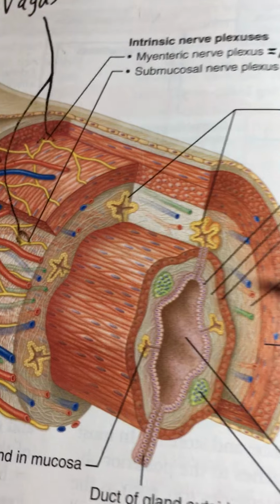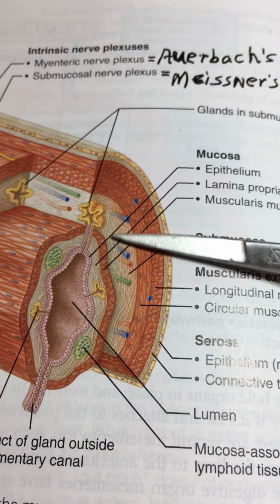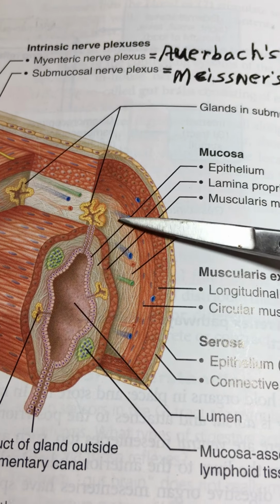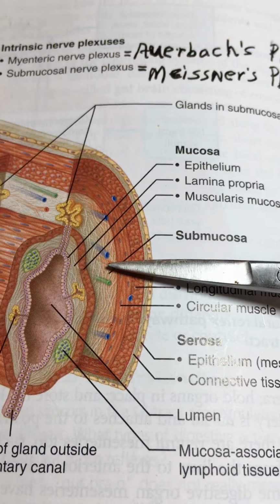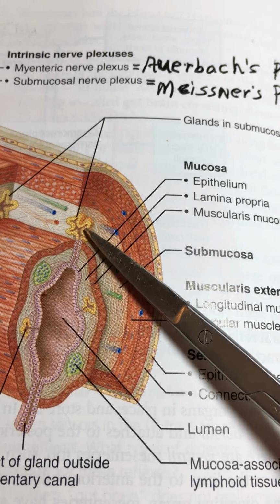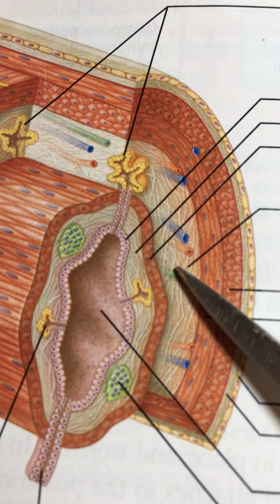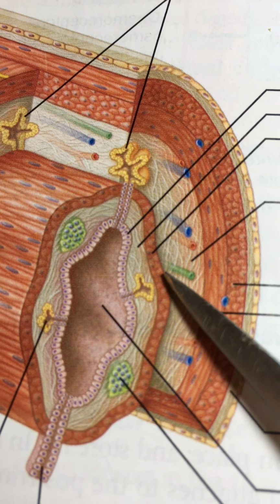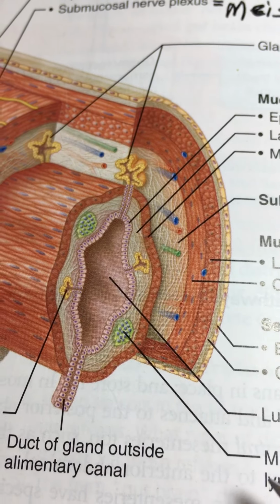Okay? Deep to the muscularis externa is the submucosa, and that carries loose connective tissue, arteries, veins, nerves, and also these interesting glands right here. So then we get deep to the submucosa, and we find the mucosa. There's going to be three parts to the mucosa.